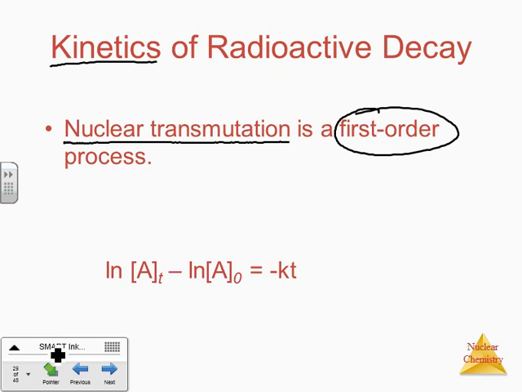Okay, so you can have a zero order reaction where the concentration doesn't affect the rate at all. First order reaction, where if the concentration doubles, the rate doubles, and that sort of thing. Then second order, concentration doubles, the rate quadruples, and so on and so forth. So nuclear transmutation is a first order process.